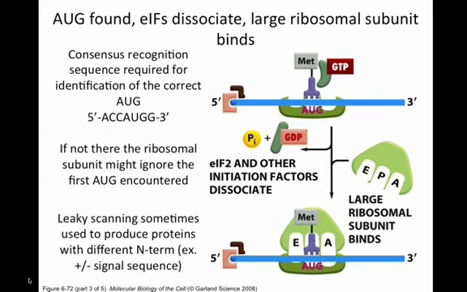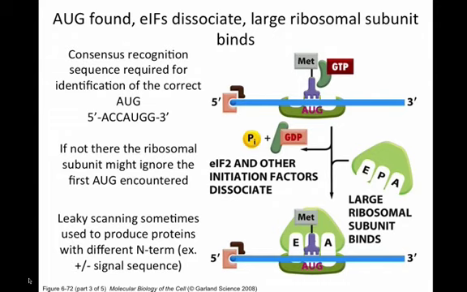Yes? But the AUGG is the only real conserved sequence, and the ACC is of indeterminate significance. Is that what we should know? I'm never going to ask you to repeat back a consensus sequence to me. I will ask you to understand the function of a consensus sequence in a certain context.